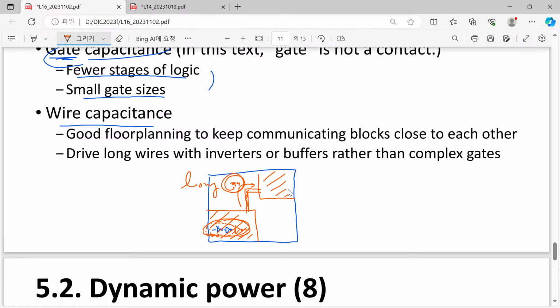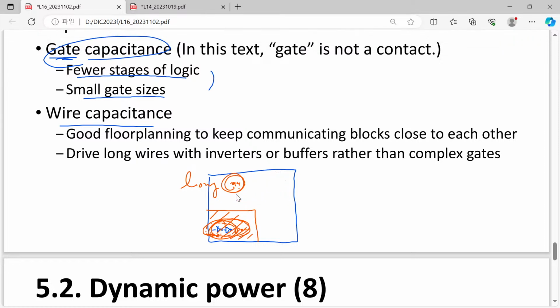This is a certain visible size, and transistors in this case cannot be seen by our naked eye. So simply speaking, this one contributes quite a lot. If we have a long load, then that is not that desirable.